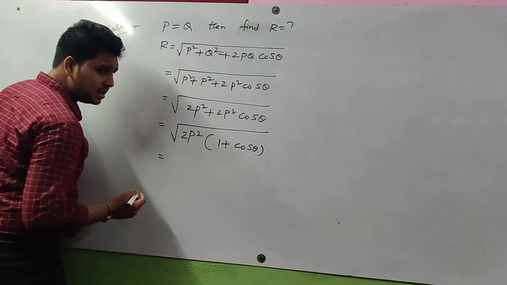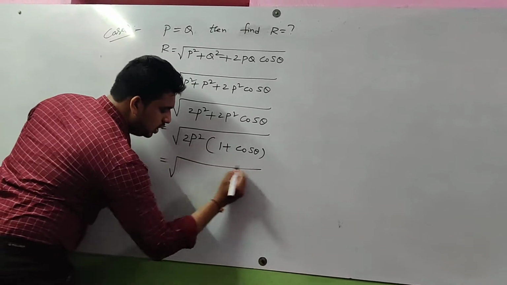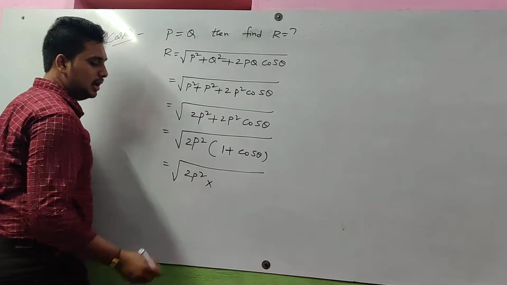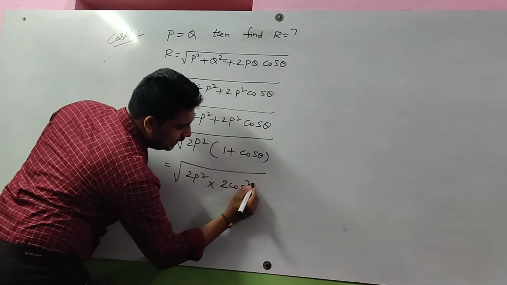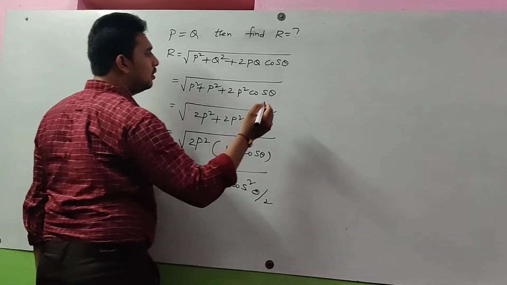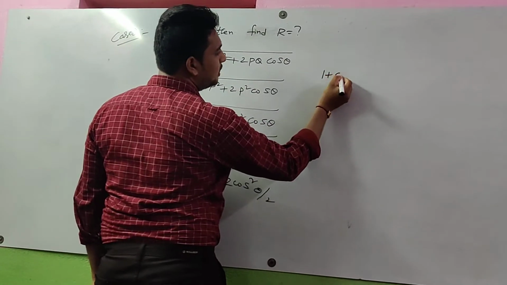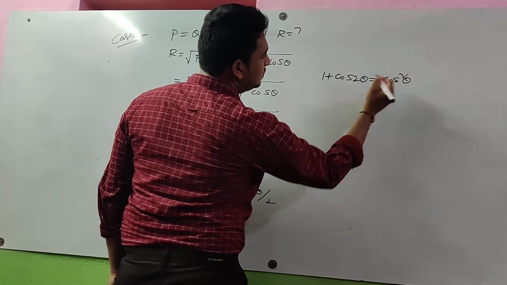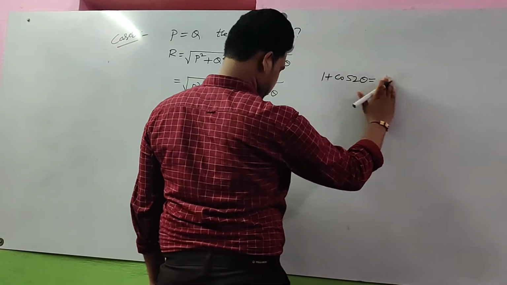So the square root of 2P square into (1 plus cos theta) is nothing but 2 cos square theta by 2. Already we know the formula: 1 plus cos 2 theta is equal to 2 cos square theta.